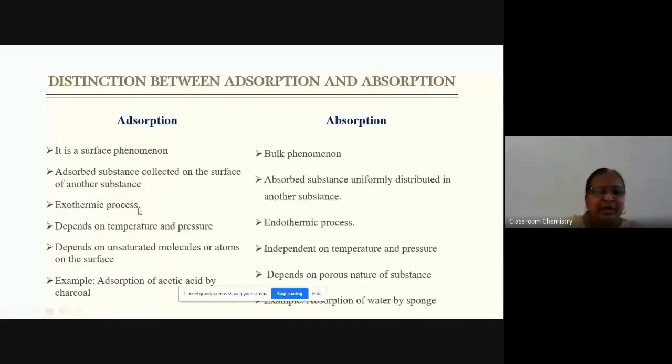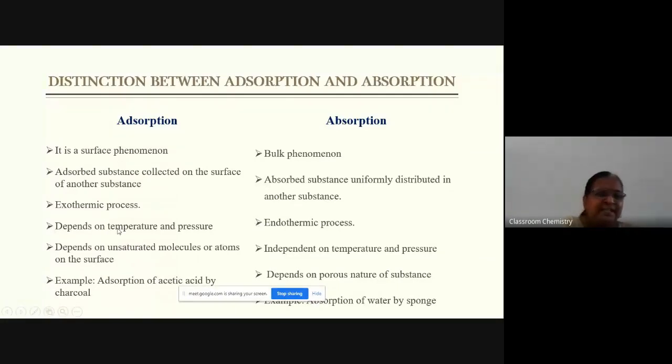Adsorption is an exothermic process. All of you know exothermic and endothermic processes: in an exothermic process, heat is evolved, while absorption is an endothermic process. Adsorption depends upon the temperature and pressure.